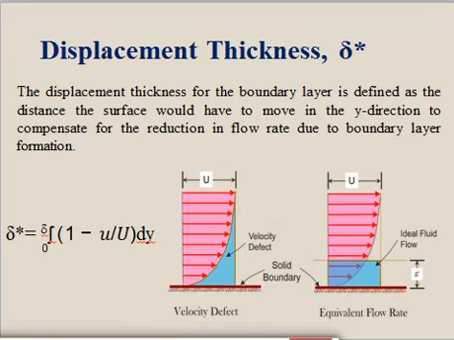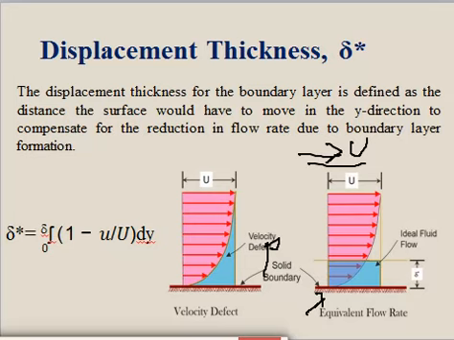boundary layer formation. In order to understand this definition, consider the case when the fluid is flowing with a velocity of capital U, and suppose this plate is absent. In that case, the entire velocity of this flow passage would be constant, and that equals capital U. But due to presence of boundary layer, we know the no slip condition exists near the surface, so velocity is zero near the surface, and this velocity is slowly increasing in y direction.